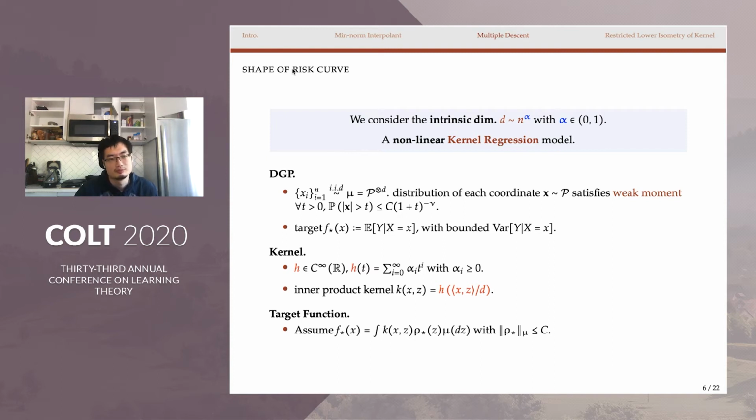We also require a certain smoothness assumption on the target function, so it can be generated from an integration that looks like this. One thing to mention is that our requirement that the kernel is Taylor expandable with positive Taylor coefficients is not a very strong requirement.